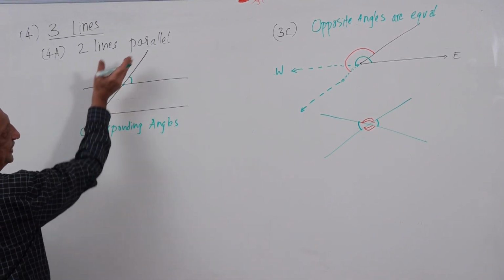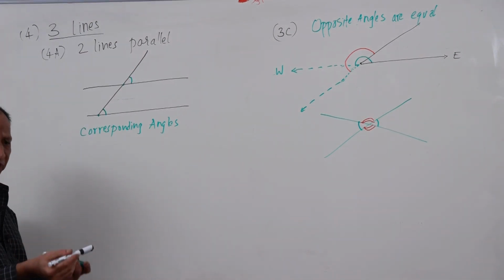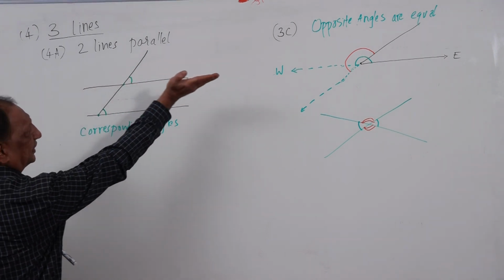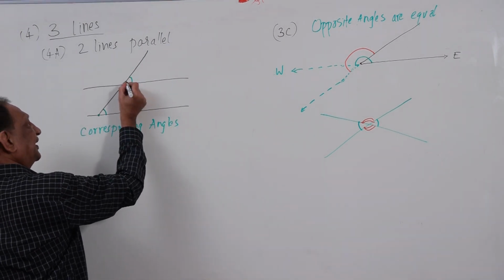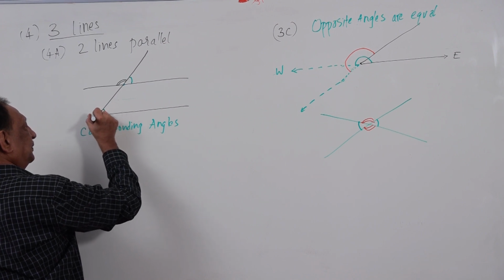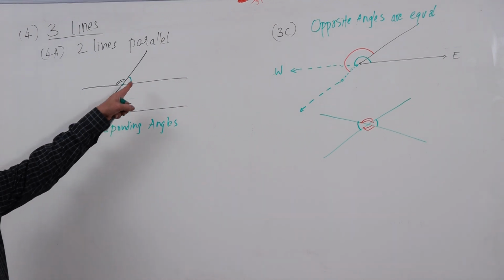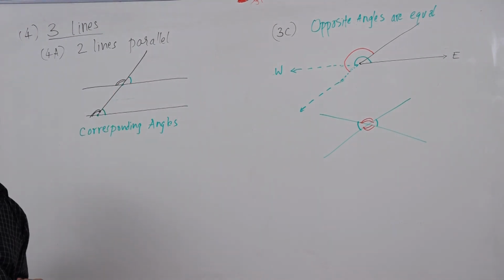They correspond to the same direction. That's why they are known as corresponding angles. Actually, there are 2 pairs of corresponding angles. One on this right side and the other one on the left side. So I got a pair of corresponding angles to the left also, and that is also an equal pair. So you got 2 pairs. Each pair has 2 equal corresponding angles.